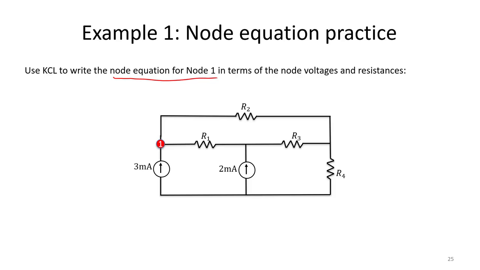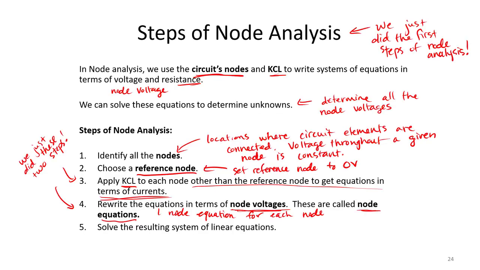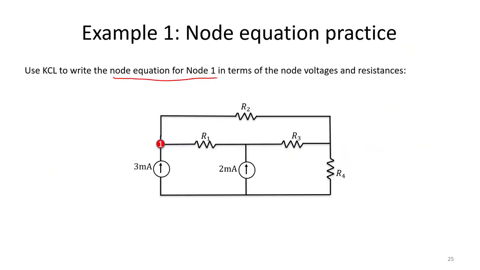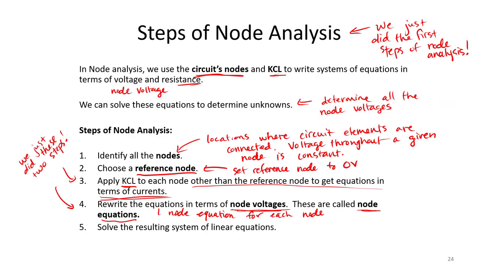So basically, what I'll go ahead and do is do the first few steps of node analysis. Remember, first, we need to identify our nodes. Second, we choose a reference node. And then you see, after that, we apply Kirchhoff's current law and then rewrite in terms of node voltages.